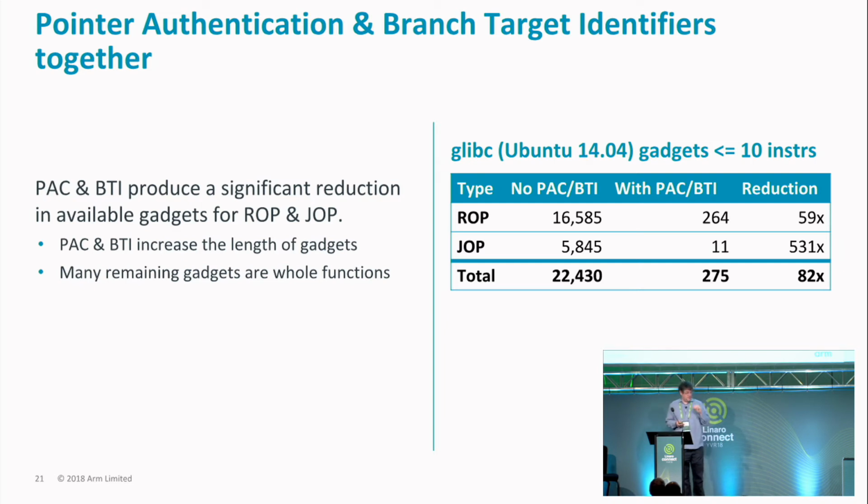What's interesting is that of the gadgets with PAC and BTI, reduced to 11 gadgets, we did some investigations, and only 2 of those are what are called dispatcher gadgets, which is what an attacker would use to control his attack and dispatch to other gadgets to execute his attack. One of those, by changing the compile-time options to stop allowing jump threading, stopped being a dispatcher gadget.